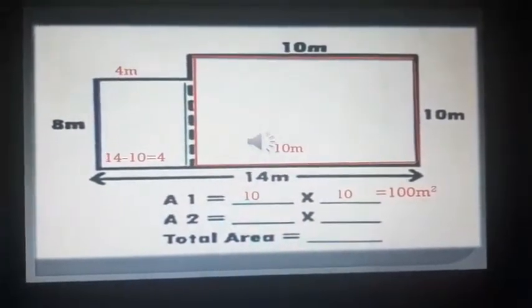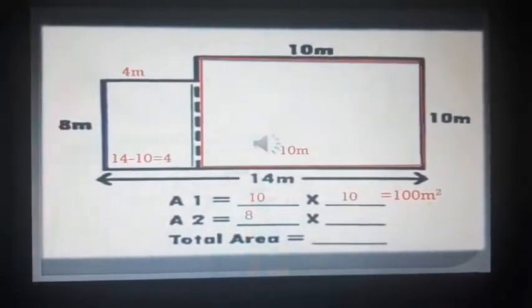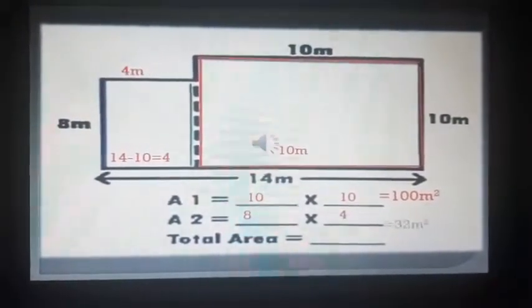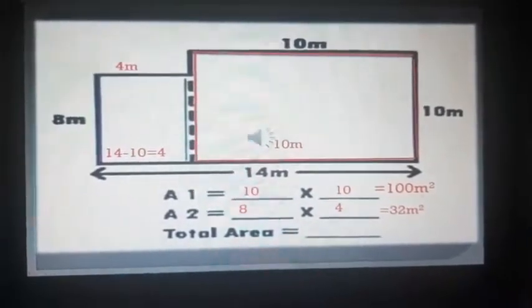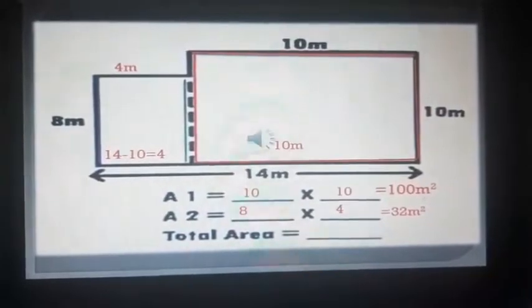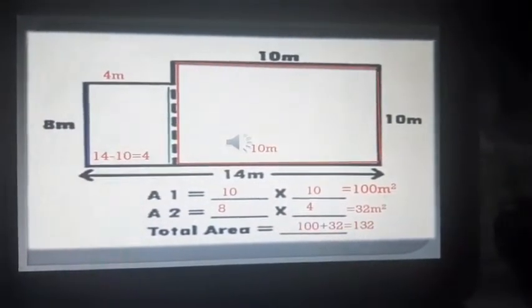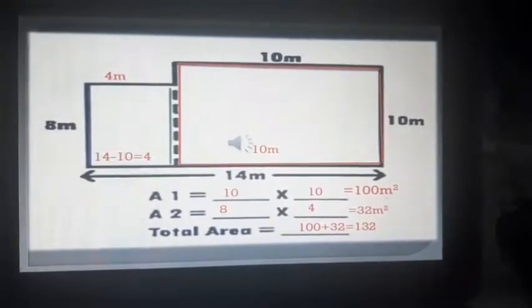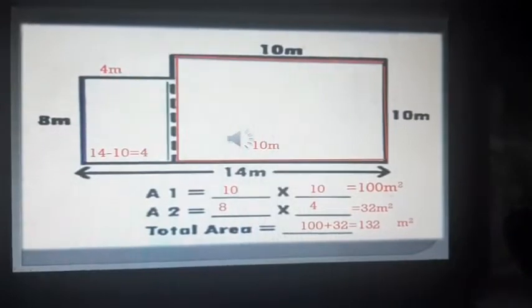So I have two dimensions, 8 and 4. Multiply them to get the area of the rectangle. Now I want the total area, so I add them. 100 plus 32 will be 132 meters squared. Okay.